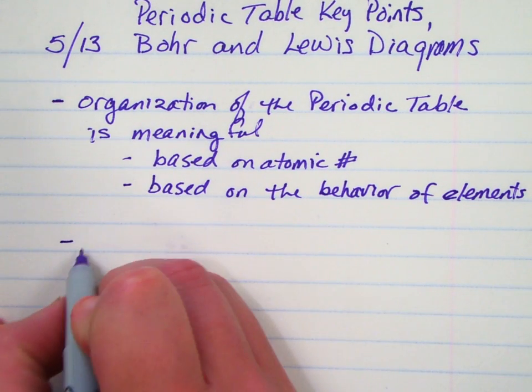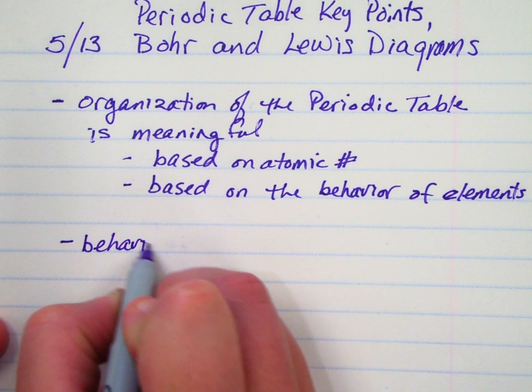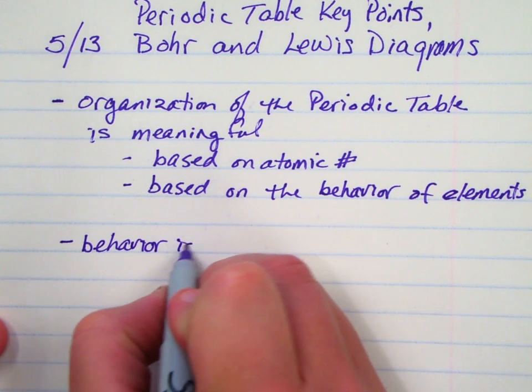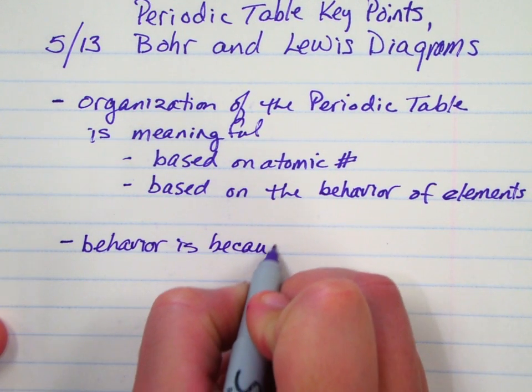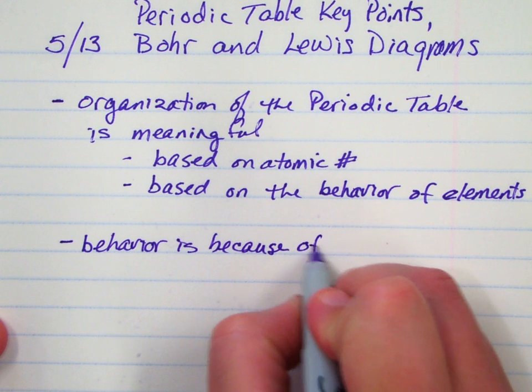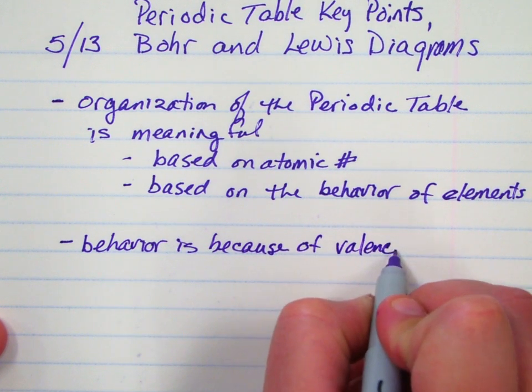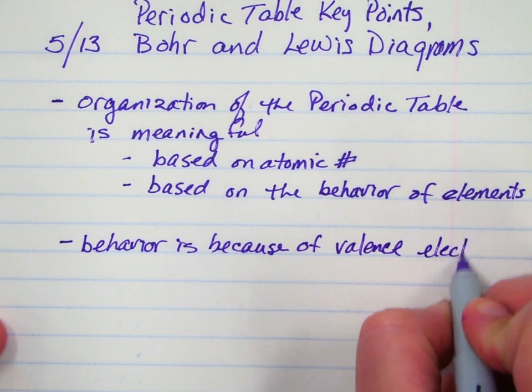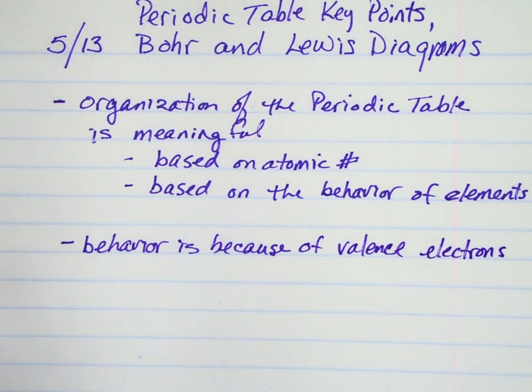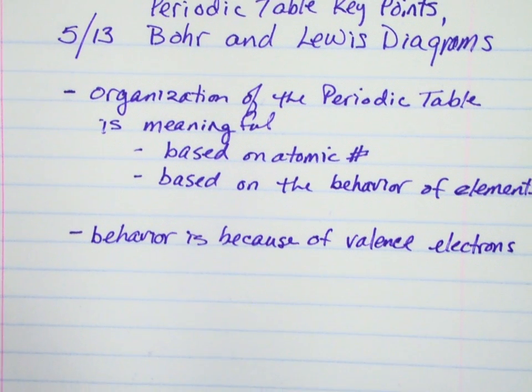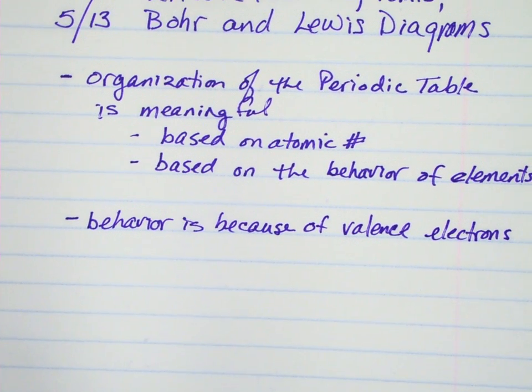And the behavior is because of the valence electrons. An atom behaves the way it does because of the valence electrons and what they want. Oxygen is so disruptive to iron, to other things. It allows things to burn, for example, because of its valence electrons.